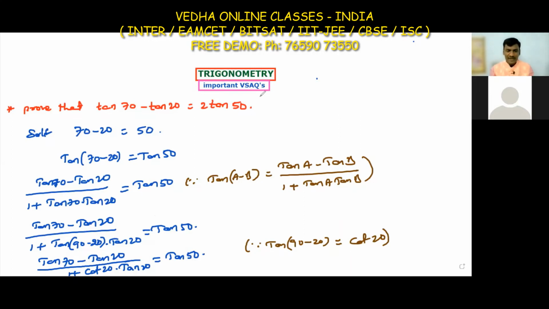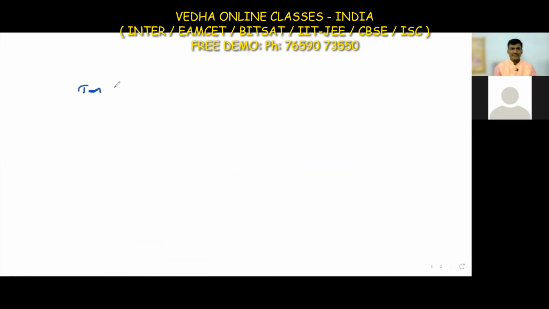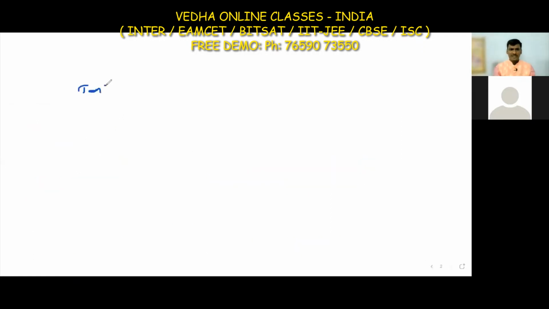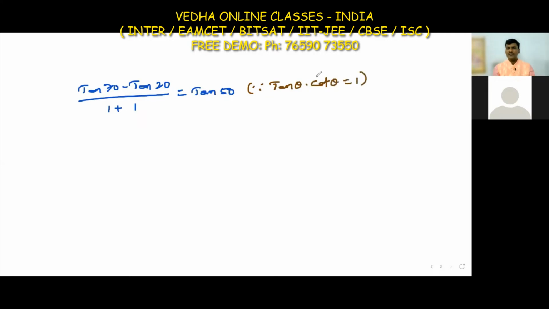Okay. Now cot 20 into tan 20 value? 1. Yes. So tan 70 minus tan 20 divided by 1 plus 1 is equals to tan 50 degrees. Here tan theta into cot theta is equals to 1.